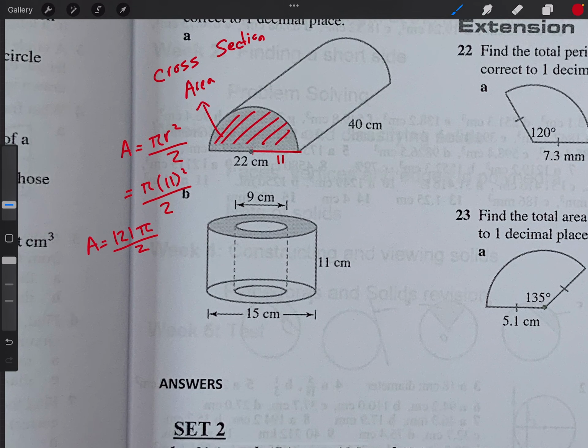To find the volume, now this is called the cross-section area. The volume is equal to the cross-section area times 40 in this case, times the height. So that's going to be 121 pi over 2 times 40 over 1.